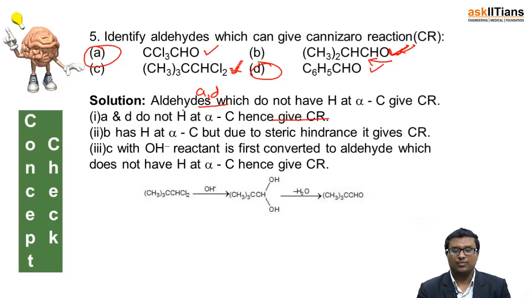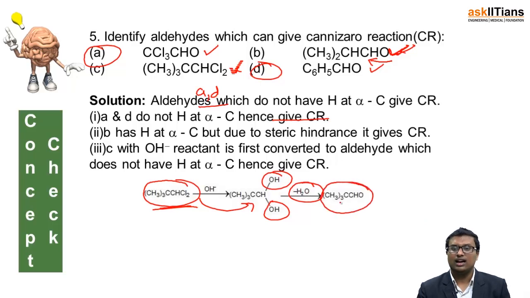And what about C? Don't you think this is possible? Since you are using a basic medium, CH3CHCl2, the two chlorines will be removed and substituted by hydroxyl groups. We will be getting two alcohols here. And finally, if I heat it, I will get an aldehyde without alpha hydrogen. So hence this can also give the Cannizzaro reaction. So the answer is A, B, C, D. All of the above can give the Cannizzaro reaction.